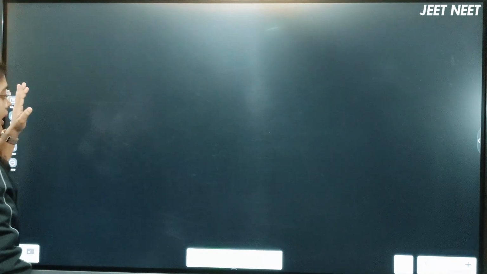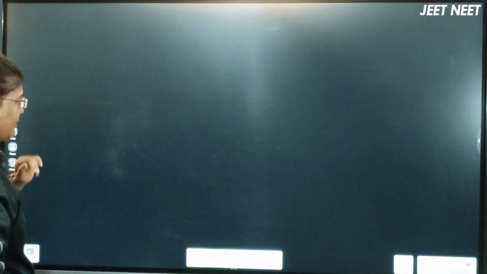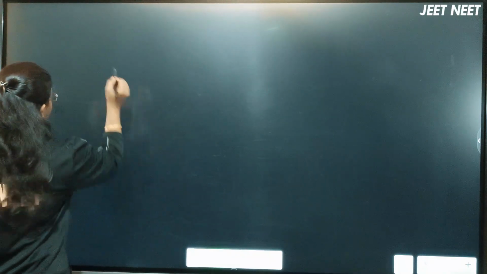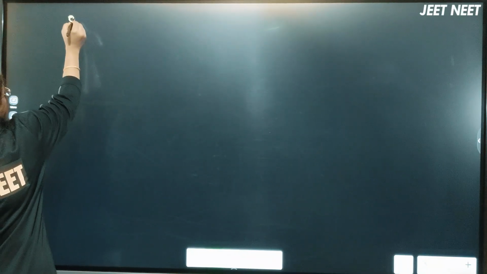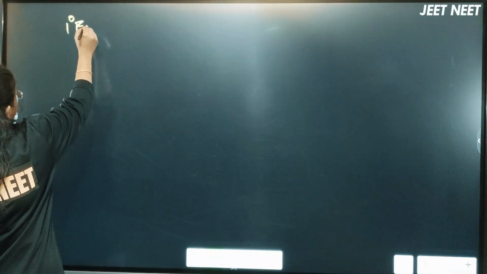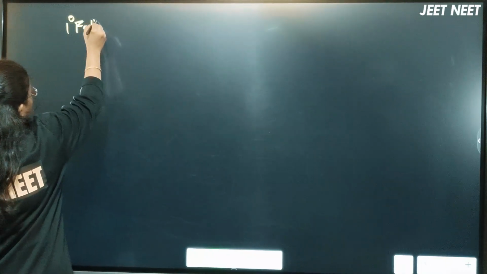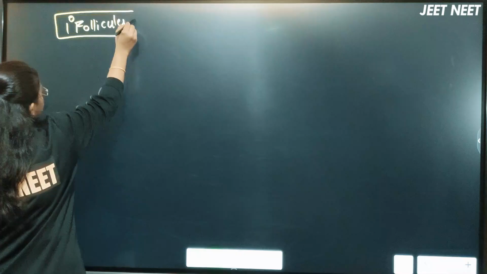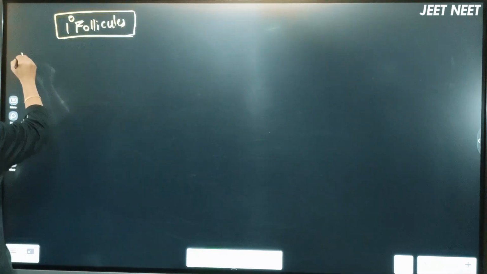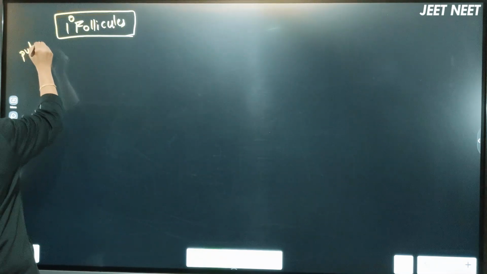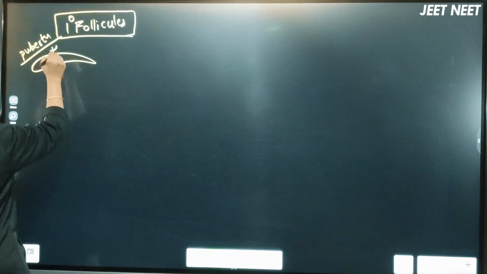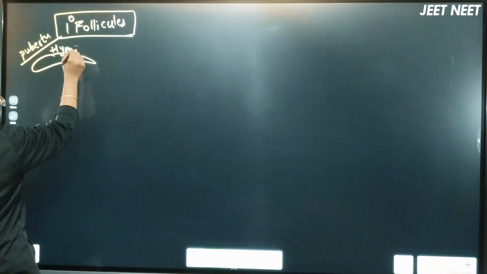Right, next thing. 60 to 80,000 primary follicles are present here. Now these primary follicles which are present will complete their division. But once she reaches puberty, hormonal changes will happen in her, from her hypothalamus.